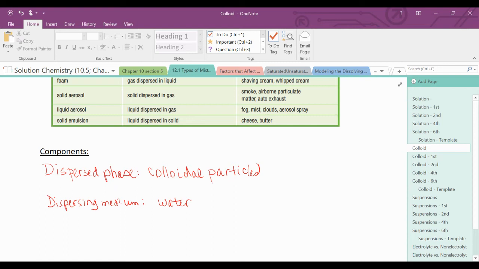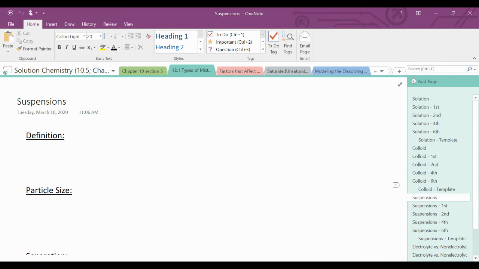All right, and then let's look at our next type of mixture. So our next type of mixture is a suspension. And so this has particles that are going to settle out, unless this mixture is constantly stirred.